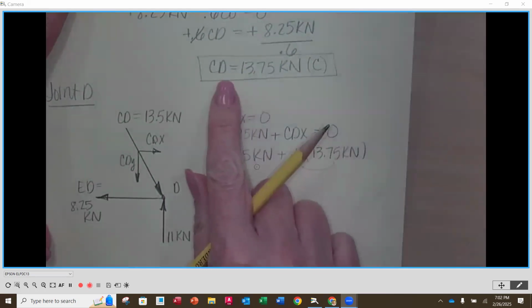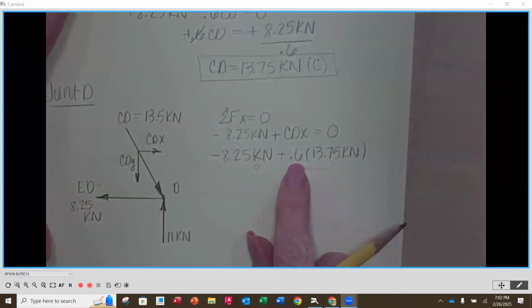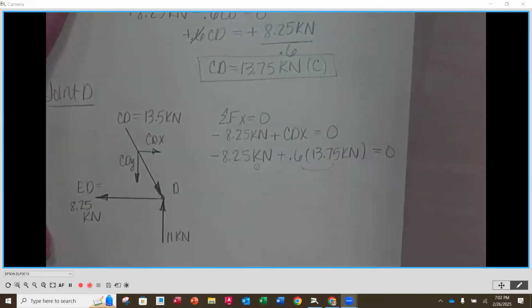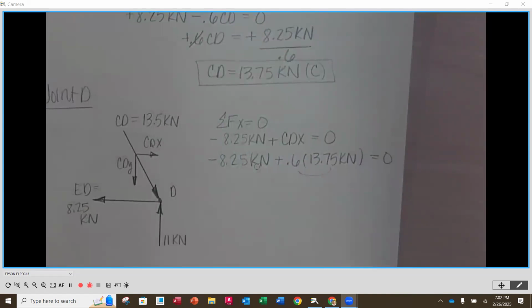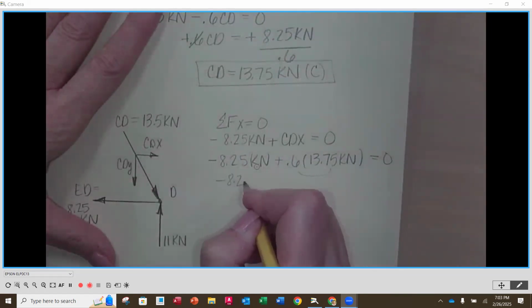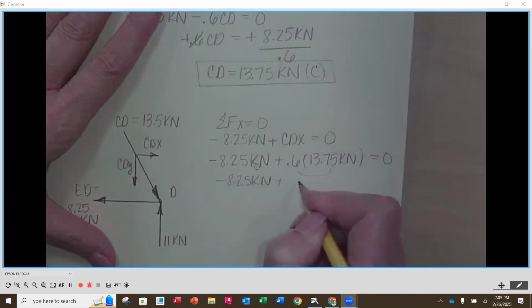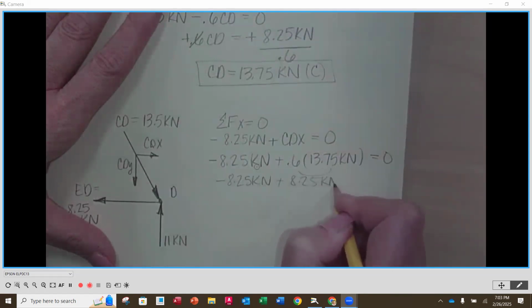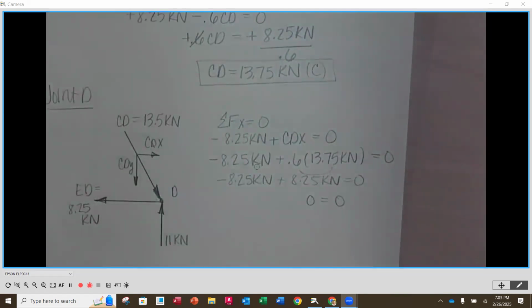So this is CD times 0.6 equal to 0. So if we take 0.6 and we multiply by 13.75, what do we get? 8.25. So we have a negative 8.25 kilonewtons plus 8.25 kilonewtons equals 0. 0 equals 0. That is a good thing.